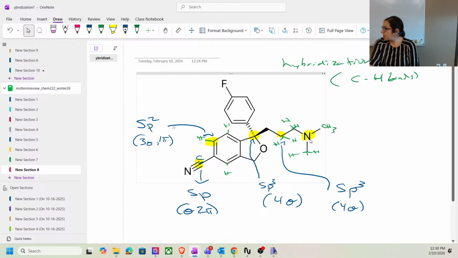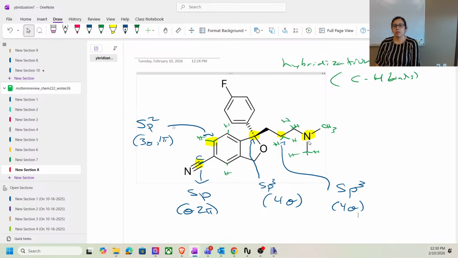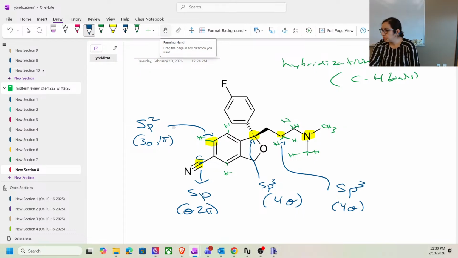And then what about this nitrogen? How many things is it bonded to? Double check your electrons though for these guys. So not a radical, but what's not shown on there? Yeah, so the lone pairs, so don't forget about those lone pairs. And so what's our hybridization? So what do we say?